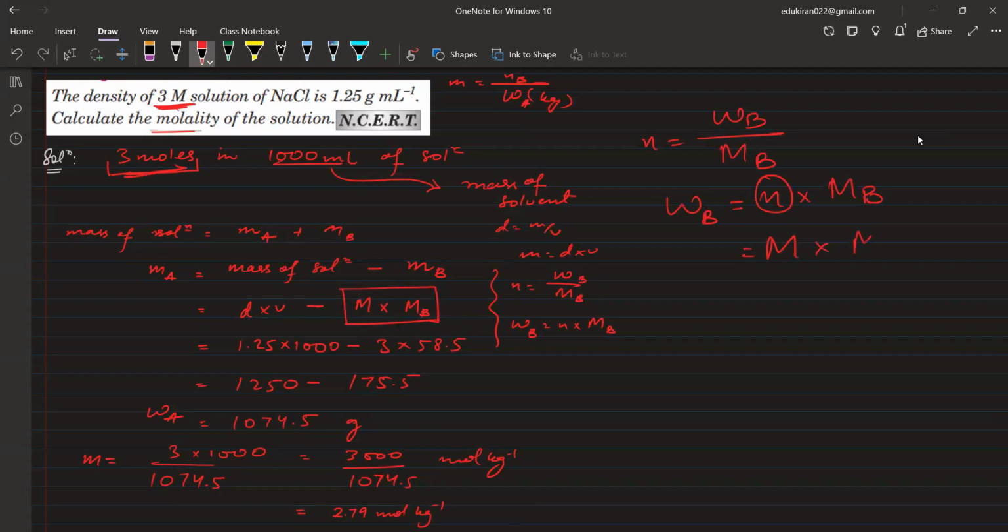I can write this as M into MB also, if I have the molarity. Got it, guys? Yes, sir.